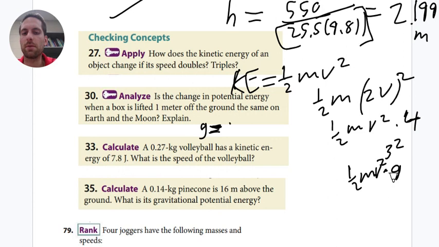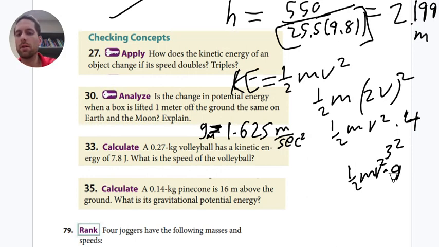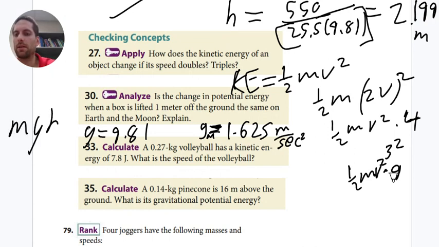And if we have a smaller acceleration due to gravity on the Moon as compared to the Earth, and the potential energy is mass times gravity times the height, then the change in potential energy will not be the same.